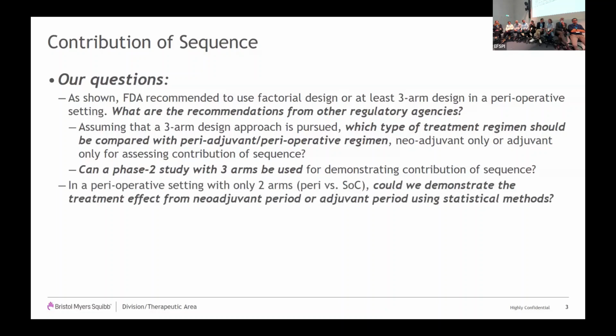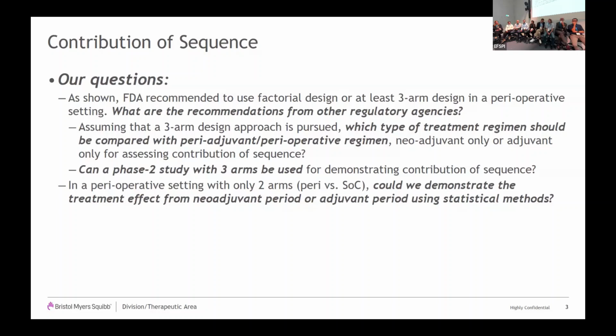So that was the first big question, for the new studies that we want to design. And the second big question is for the already existing studies, because there are quite many existing studies with only 2 arms comparing the perioperative and the control.